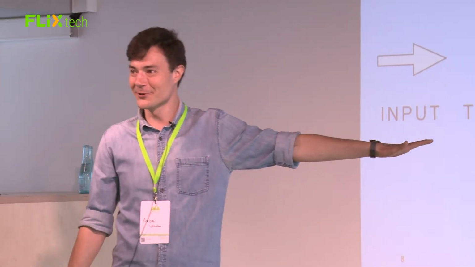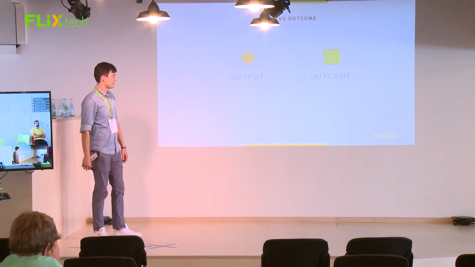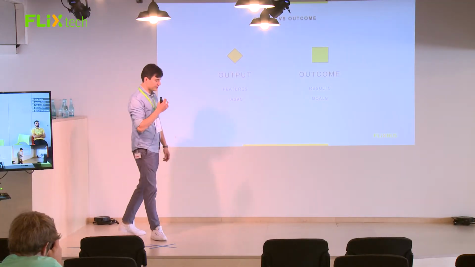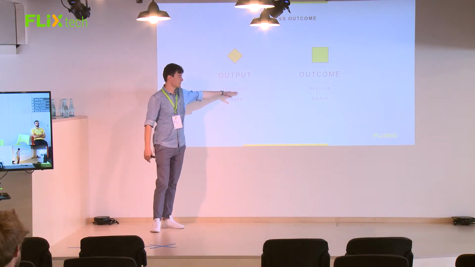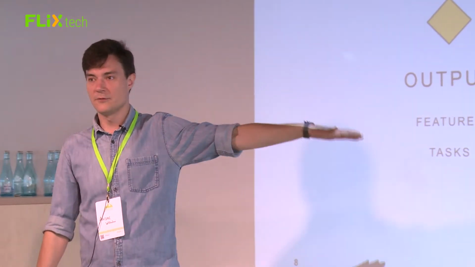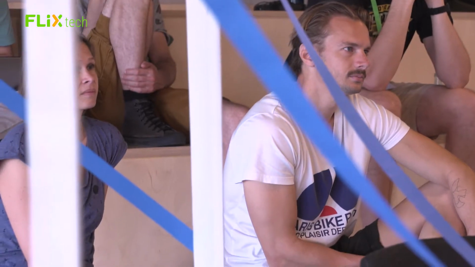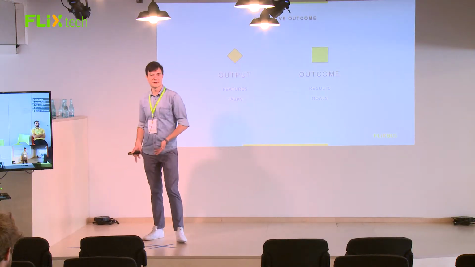Is this understandable? Do you get where I'm going with that? Okay. So I would say those two are pretty easy to differentiate. Output is everything you're generating: features, tasks, I don't know, this presentation. This presentation is an output.